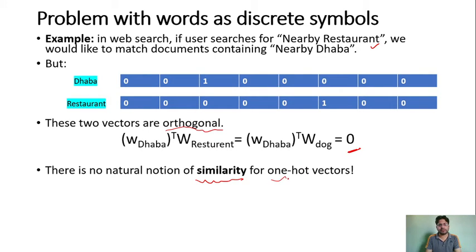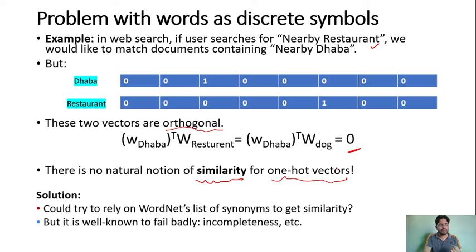So similarity is completely missing in one hot vectors. We do not have any mechanism that will give the similarity. But definitely you can represent a word in numeric form this way. Now how do we get that similarity? That is very important.